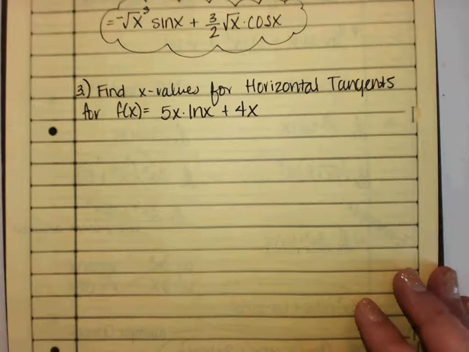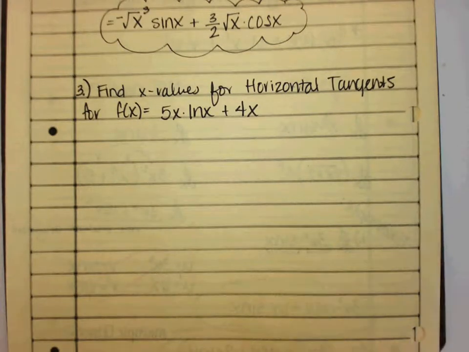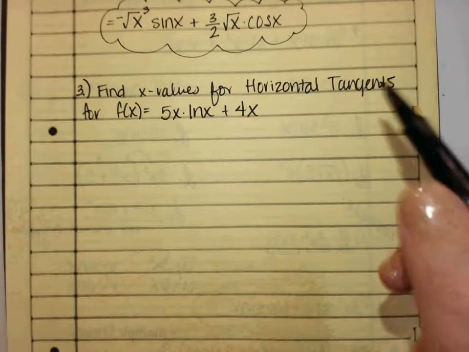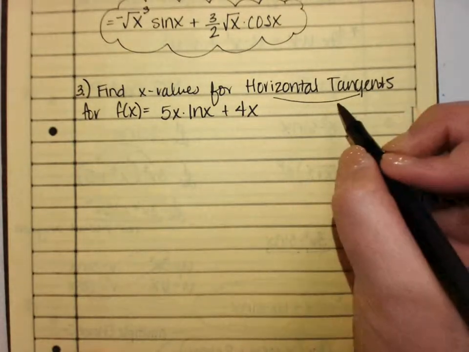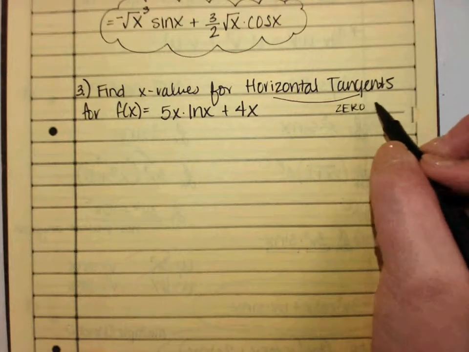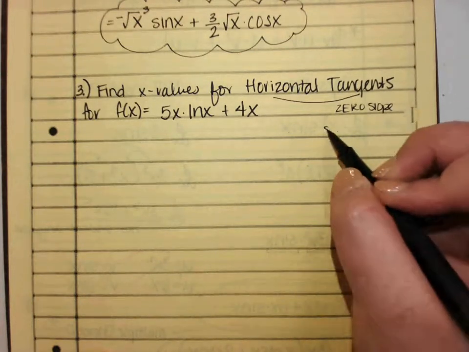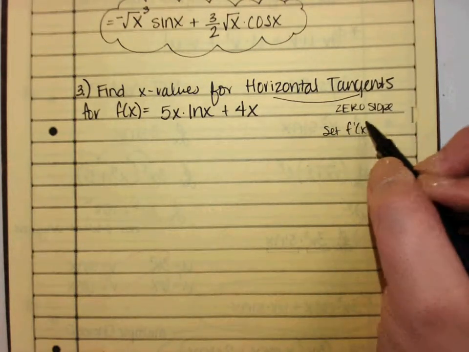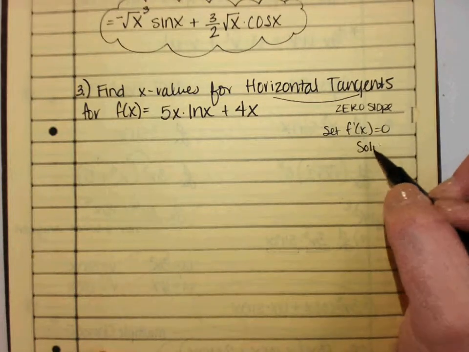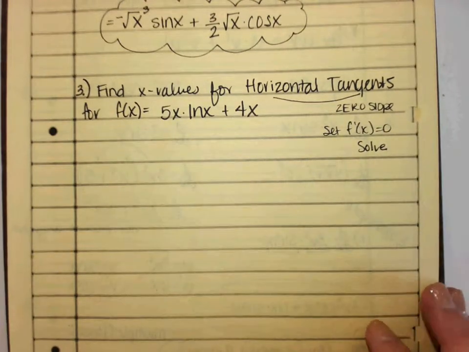Okay, now let's talk about horizontal tangents. That was on your quiz yesterday. Hopefully you remember how to do it. What do you do? Yes, take the derivative and then set it equal to 0. Remember, a horizontal tangent is a 0 slope, and if I want a 0 slope, then I'm going to set f prime of x equal to 0, and then I'm going to solve, right? Just like you did on your quiz yesterday.